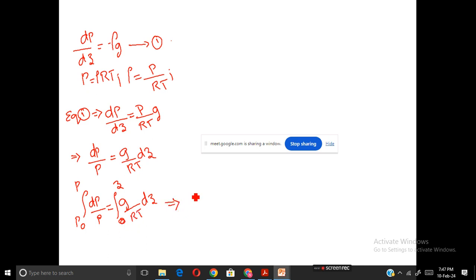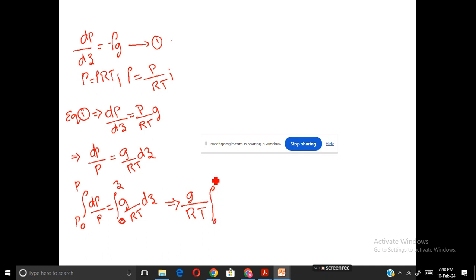So from inside the integral, we can take g out as a constant, and R as the universal gas constant, R also we can take out. And initially we said that the temperature of the atmosphere is also a constant. It is not changing with respect to height. That is the assumption that we made. So T also we can take outside.